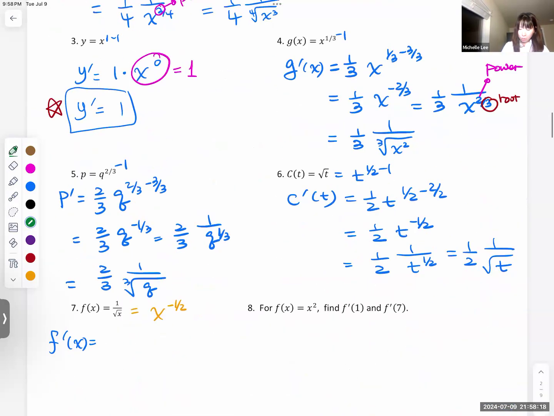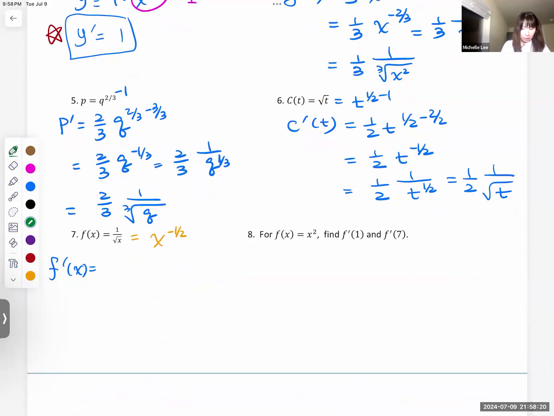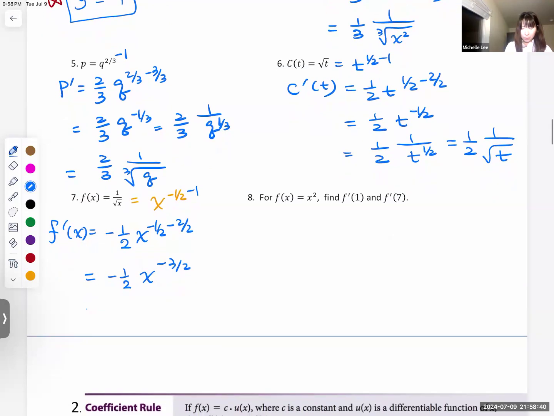Okay, now we have x to the -1/2 power. Then we drop the power, -1/2, and reduce by 1. In that case, it's 2/2, so -1/2 minus 2/2. So we have -1/2 x to the -3/2. Negative power, we can express as 1 over x, and then square root, and then to the 3rd power, right? Root and power.